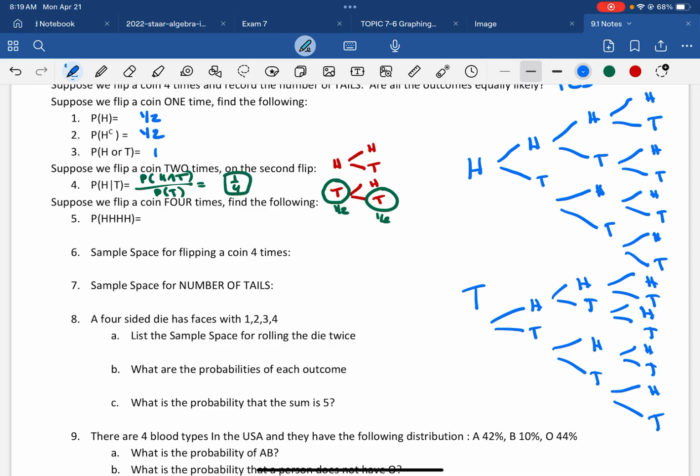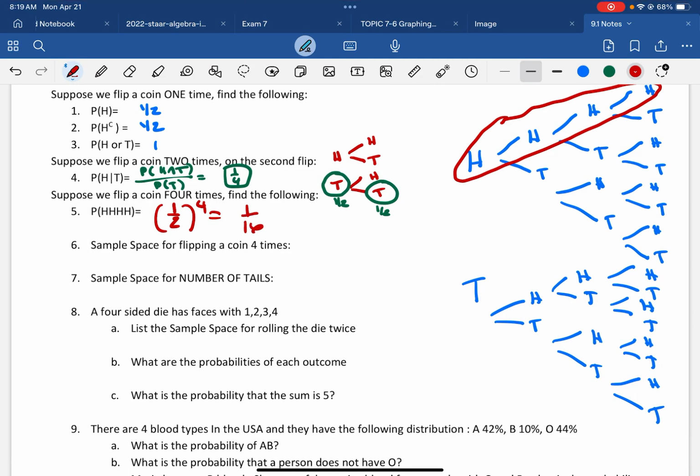All right, so it asks for heads, heads, heads. There's only one way that this happens, and it's this one right here, heads, heads, heads, heads. So basically 1/2 to the 4th power, 4 times, 1 out of 16.